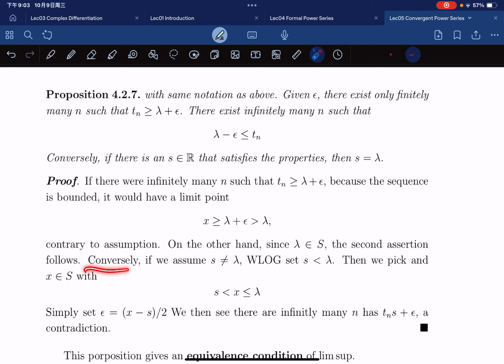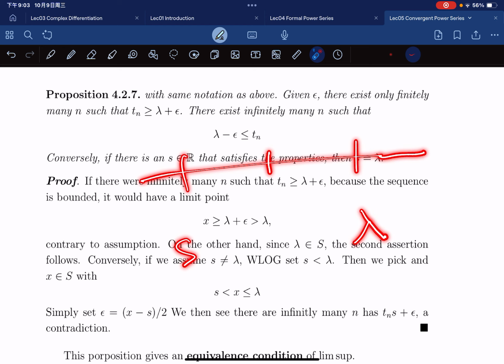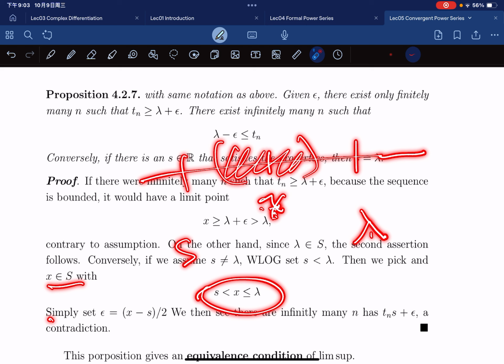And conversely, if we assume S is not equal to lambda, then without loss of generality, we can assume this is S and this is lambda. We can pick x in the limit points such that this is true. We can pick x here. Simply, we can see that there will be infinitely many n lying in here.